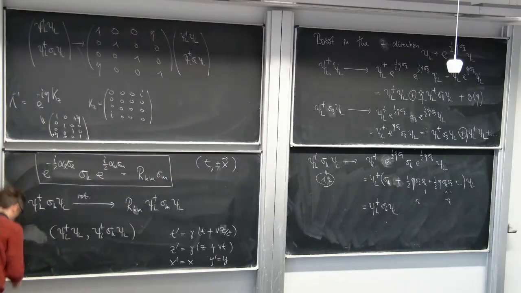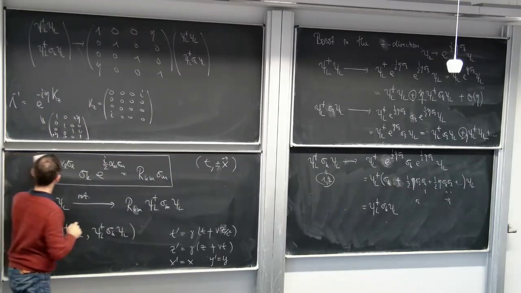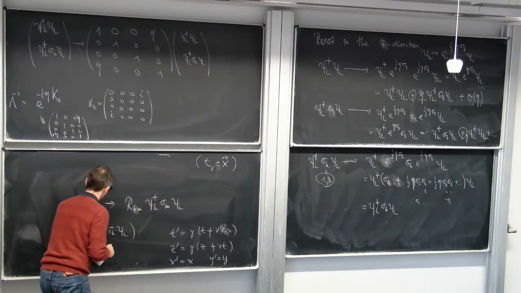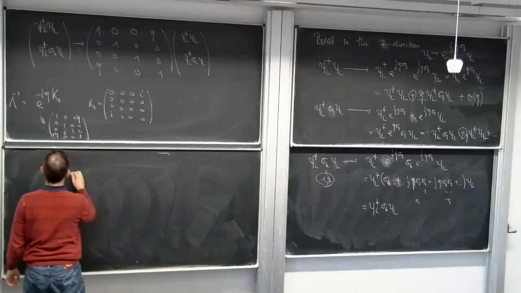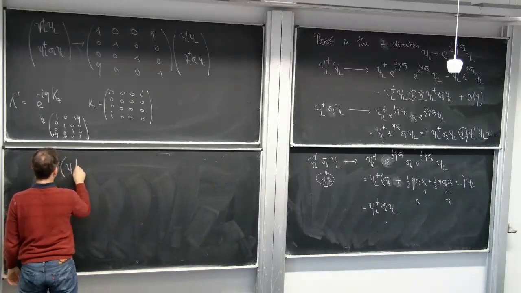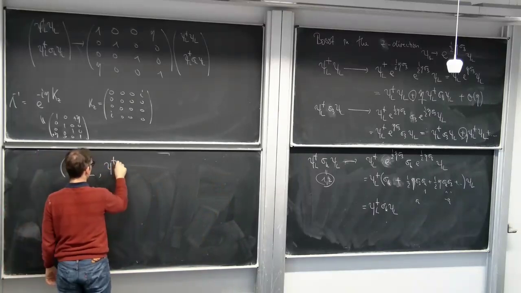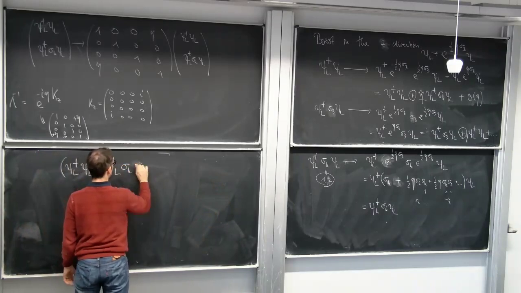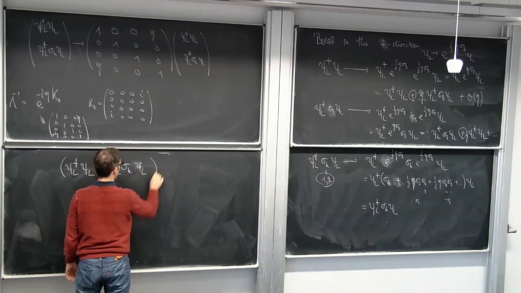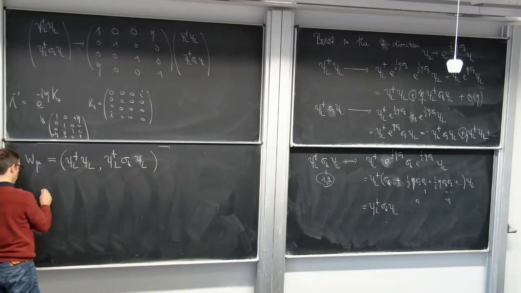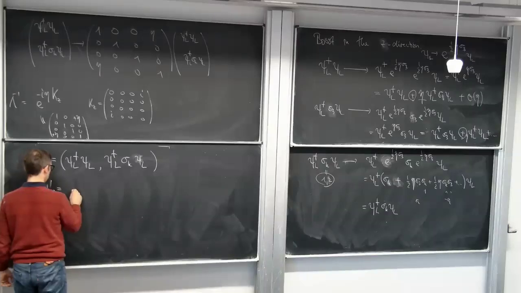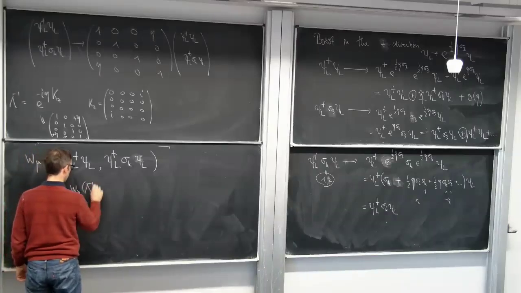So, last equation. This object here, psi dagger L sigma k psi L, transforms like the guy with the downstairs index, because W prime mu is W mu lambda to the minus 1.